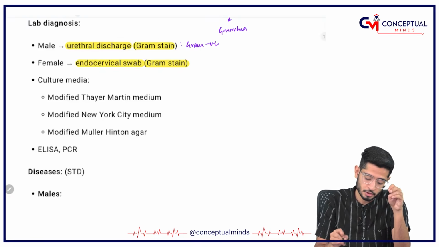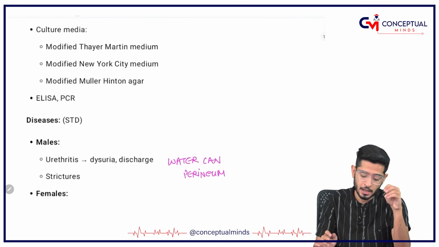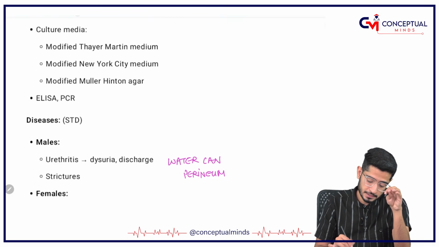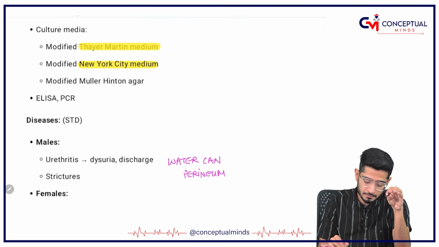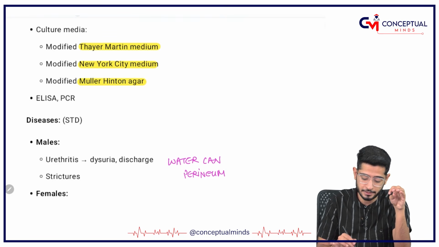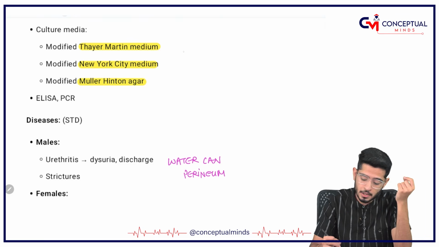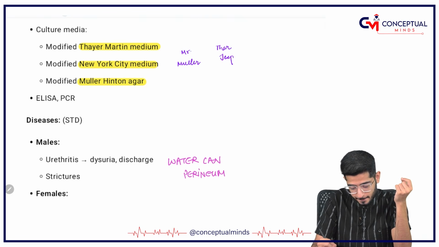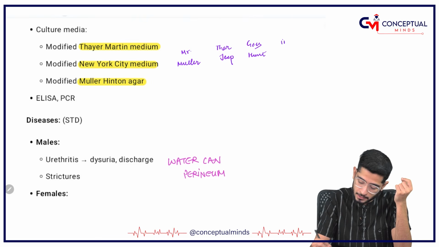And to confirm your diagnosis, you have to culture. How will you culture? You remember that there is New York City media, modified Thayer-Martin media, modified Mueller-Hinton agar. How to remember? Mr. Mueller takes his Thar jeep and goes for hunting in New York City.